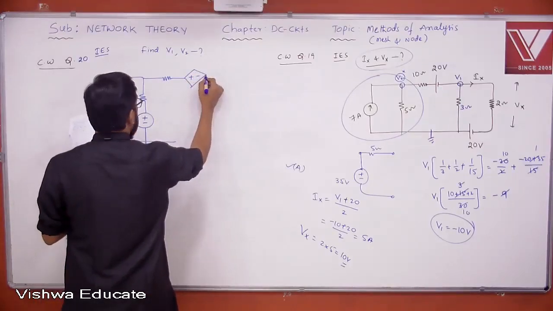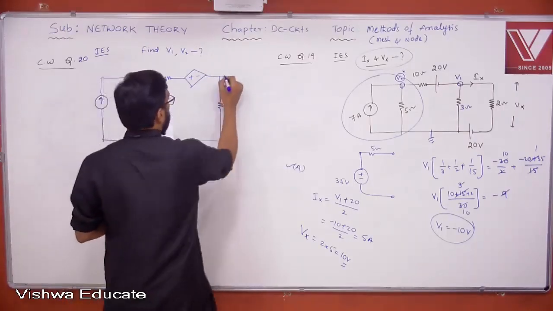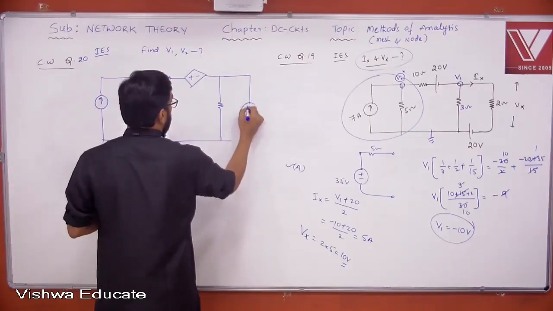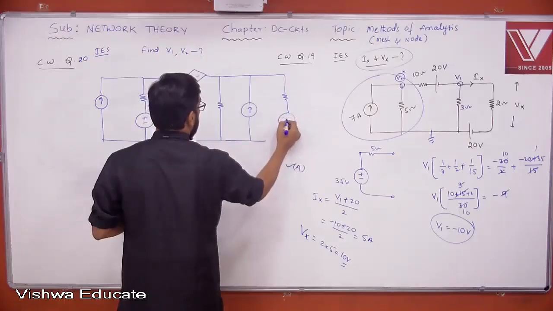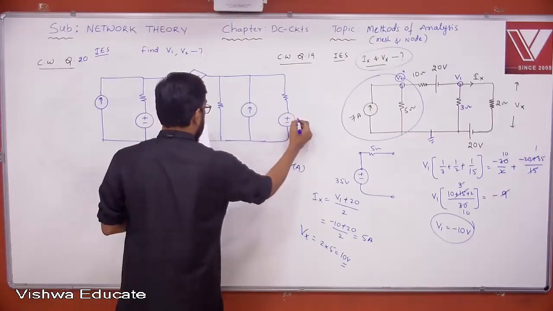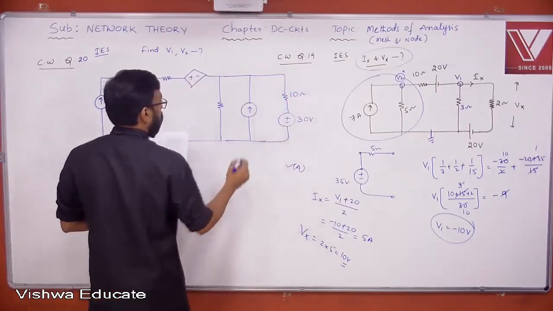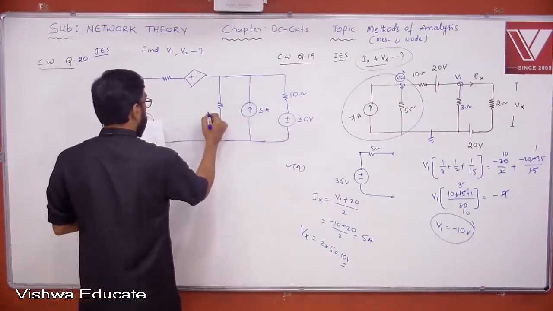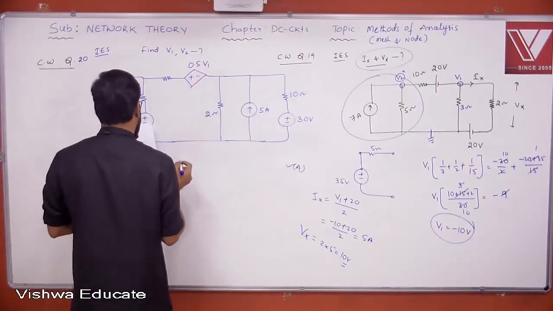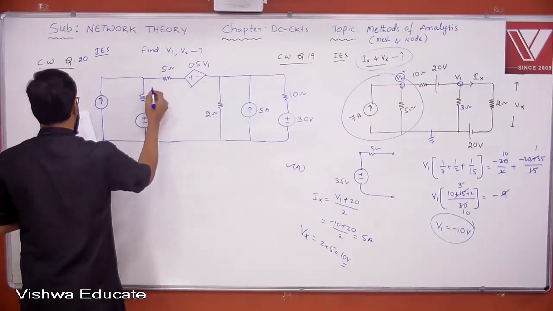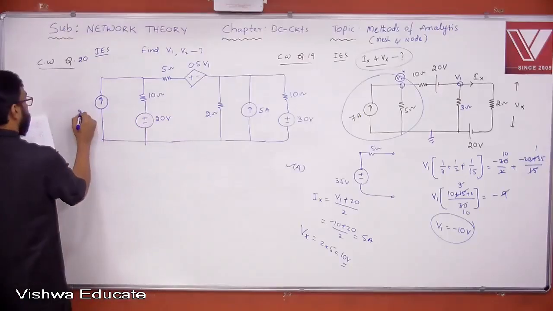The network has 0.5 V1, 5 ohm, 10 ohm, 20 volt, 2 ampere.